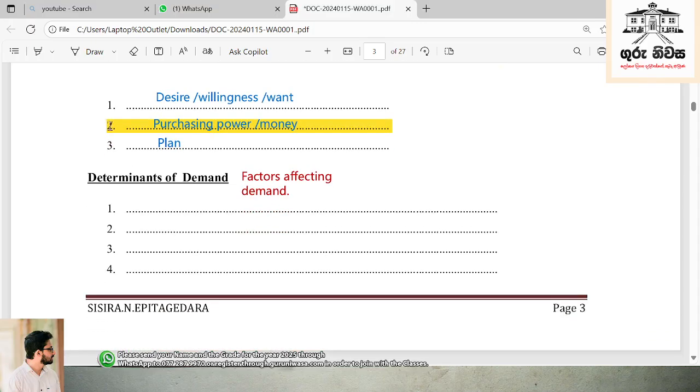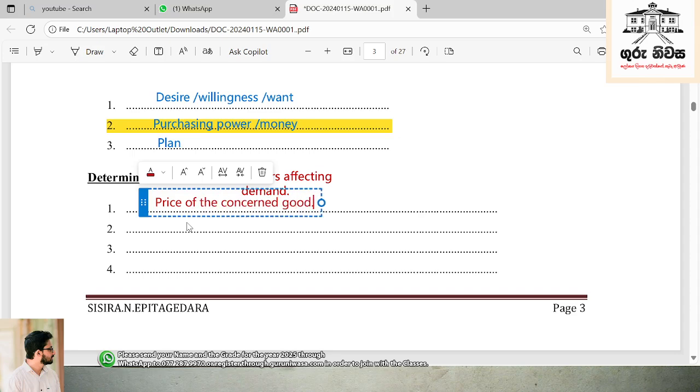Write down the first one: price of the concerned good.